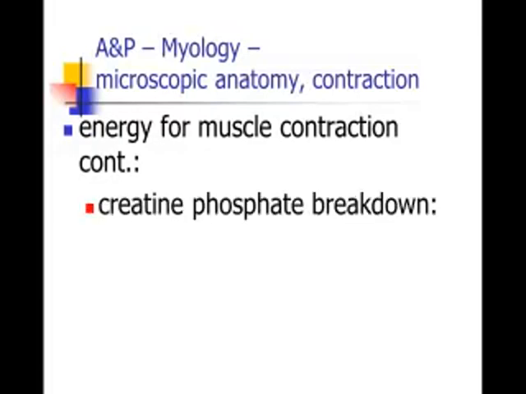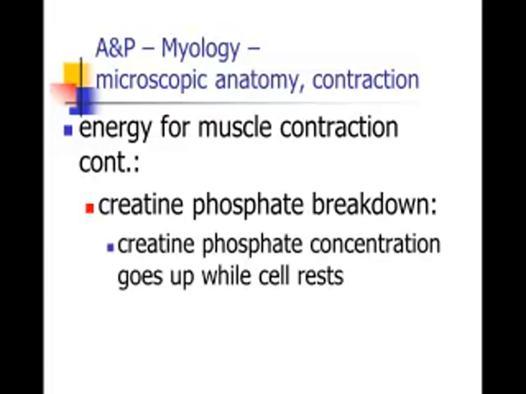Okay? So the creatine phosphate breakdown, what happens is creatine phosphate has two portions, a creatine portion and a phosphate portion. And when they break into two pieces, ATP is going to be released.